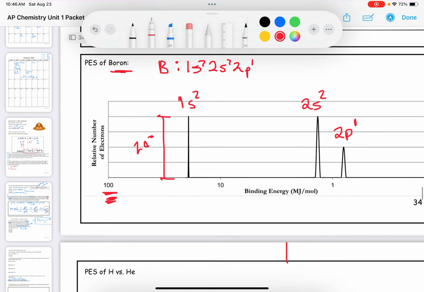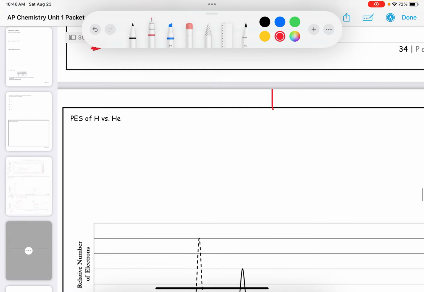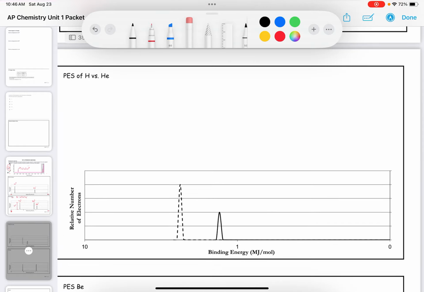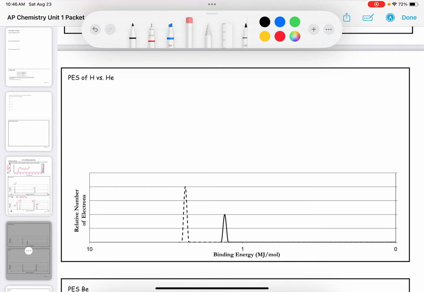Now we're going to do some comparative ones here. So there we're seeing a difference here between hydrogen and helium. So the dotted line is either representative of hydrogen's photoelectron spectrum or it's representative of helium's. And we have to decide.